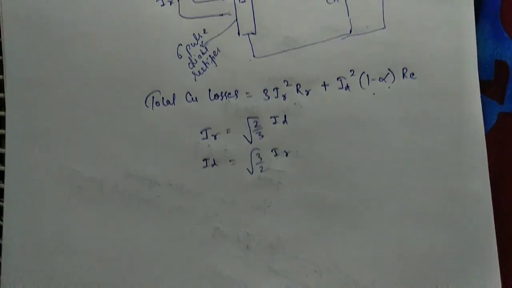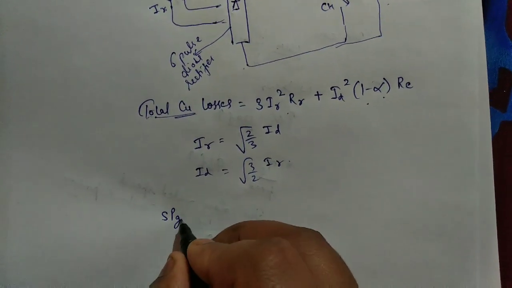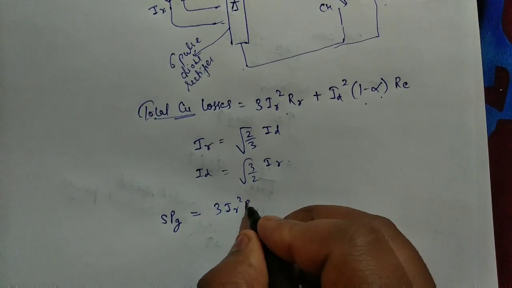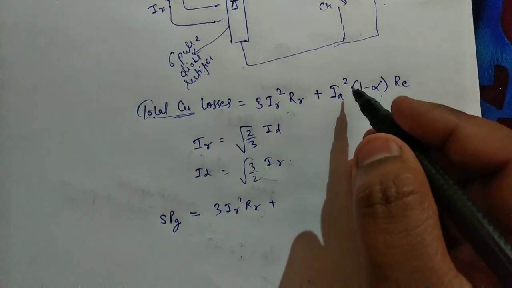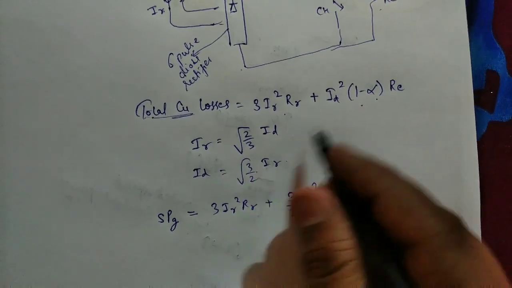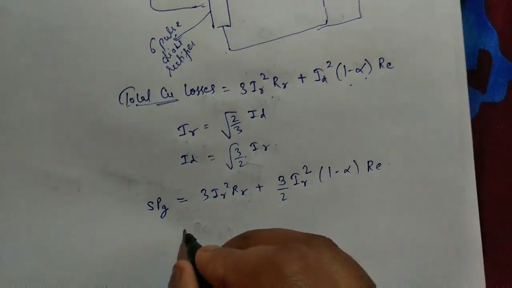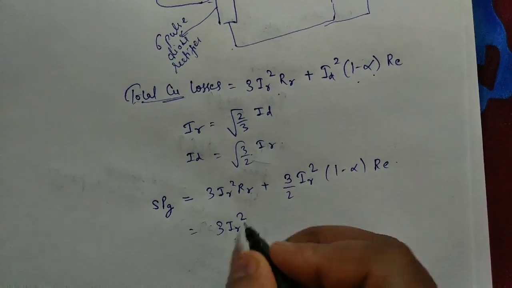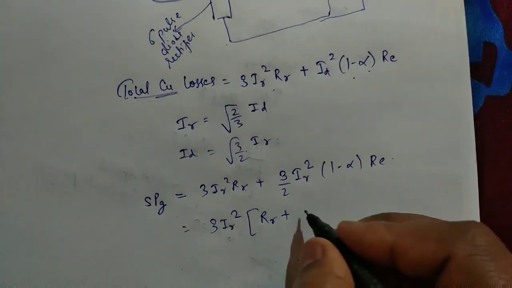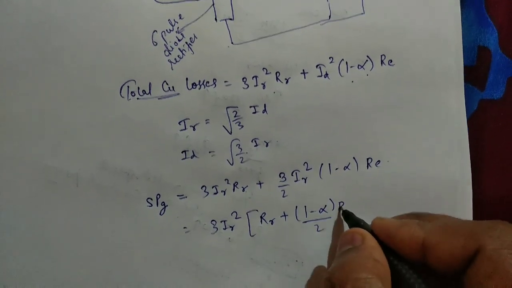So the total copper loss is 3IR square RR plus, putting ID here, 3 by 2 IR square into 1 minus alpha RE. Taking 3IR square common, RR plus 1 minus alpha by 2 RE.